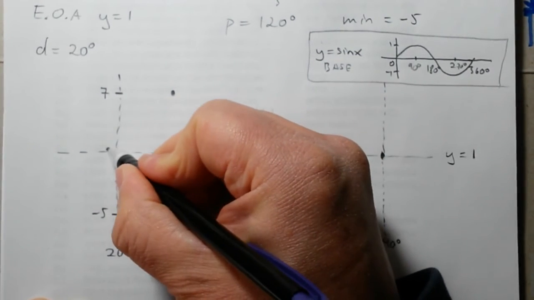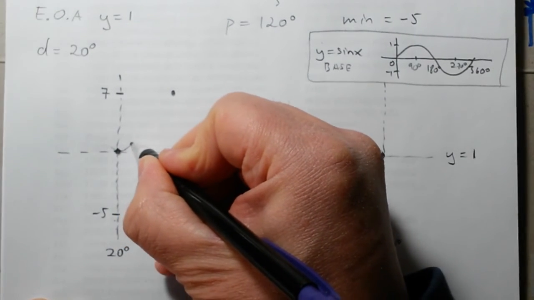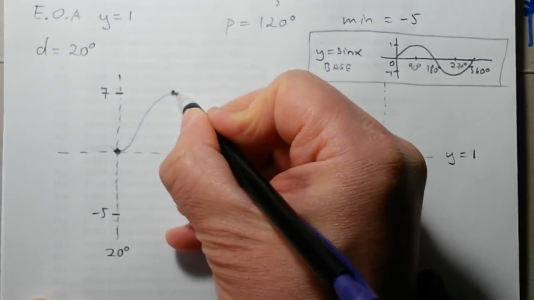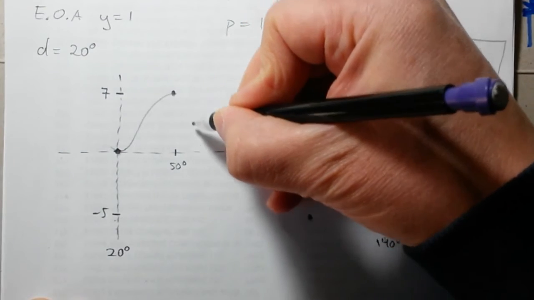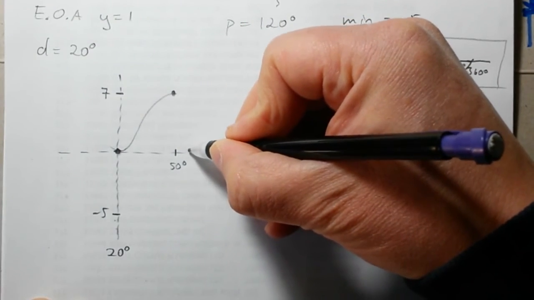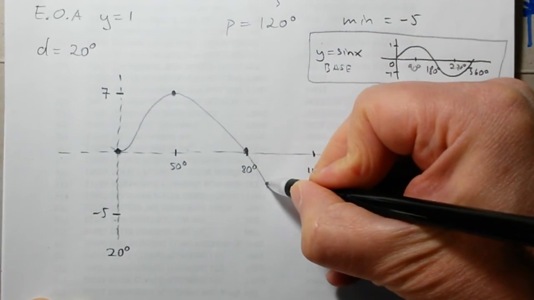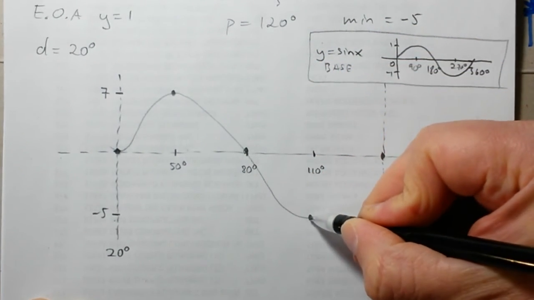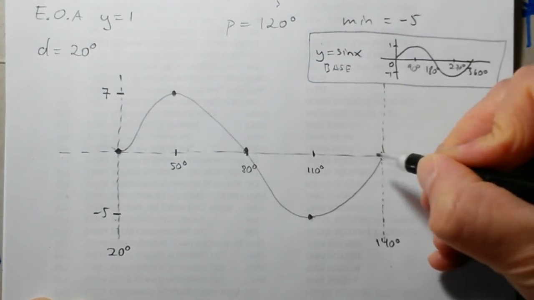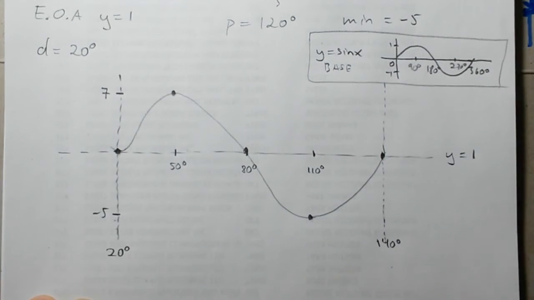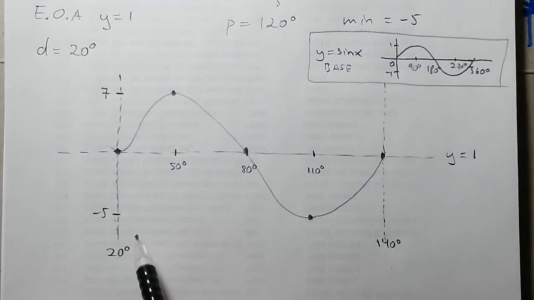And then you join all these with a smooth curve. Anyways, that's how you sketch this.